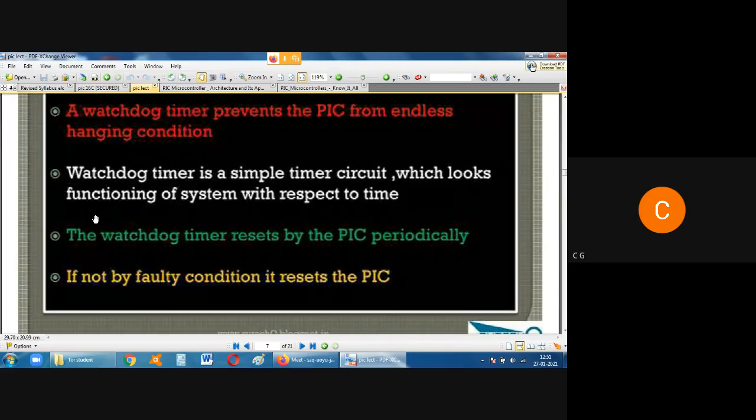So when the instruction is being executed, the watchdog timer is also going into the stable mode. And when it goes from the higher level to the lower level, if the instruction is not executed, the down-going edge will trigger the reset.